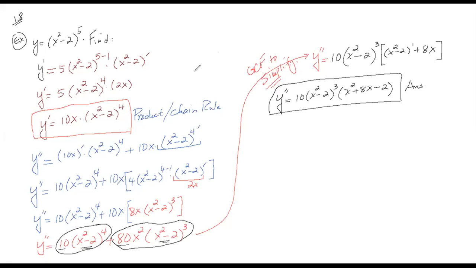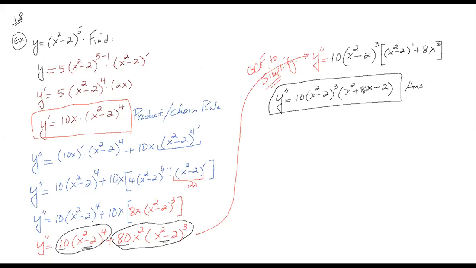I didn't catch up to it. The 80x squared in the third line from the bottom. Yeah, that one. You brought it down as just 8x. Yeah, I knew that was something that we were doing wrong, so that should be a square.